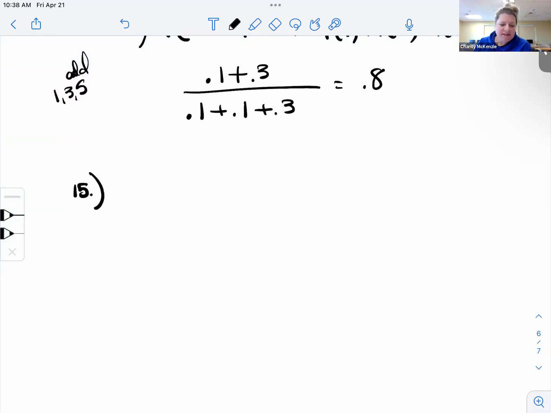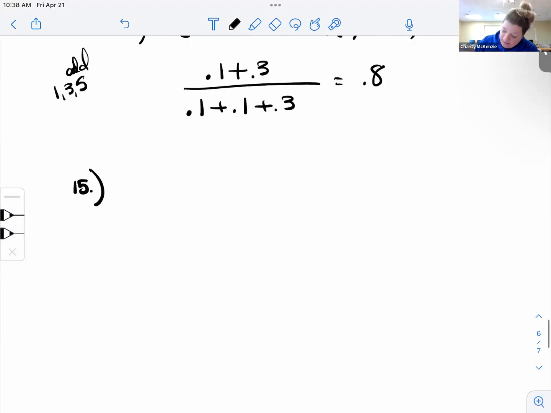If 60% of a store's customers are female, 75% of the female customers have credit cards at the store, what's the probability? So I'm going to write this one out. It's similar to one in your homework.